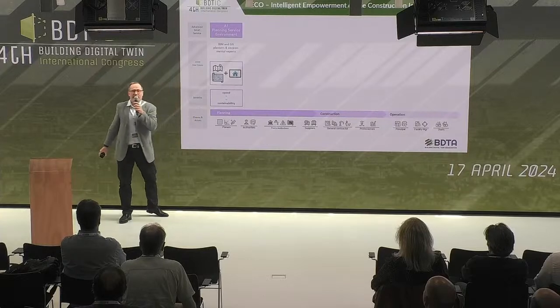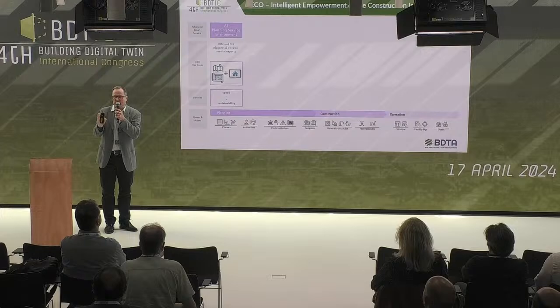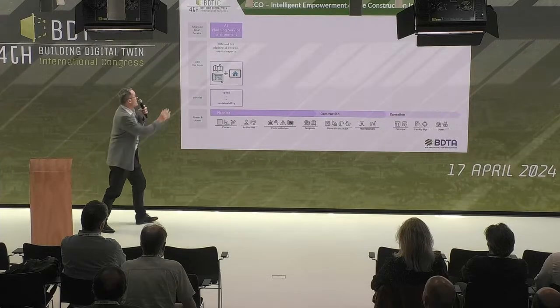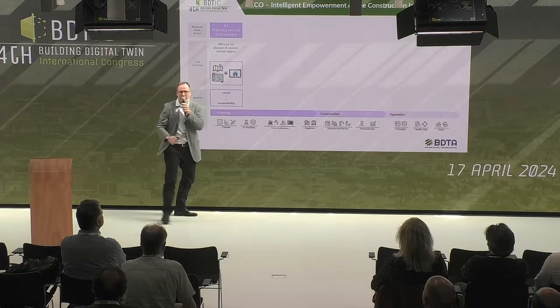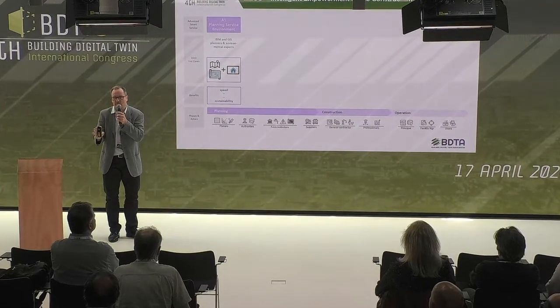A key element of the use cases in iEco is that every single use case has its own solitary, isolated business case. So if you use those principles and you just implement that service, it will already have a positive payback, a positive return on investment.